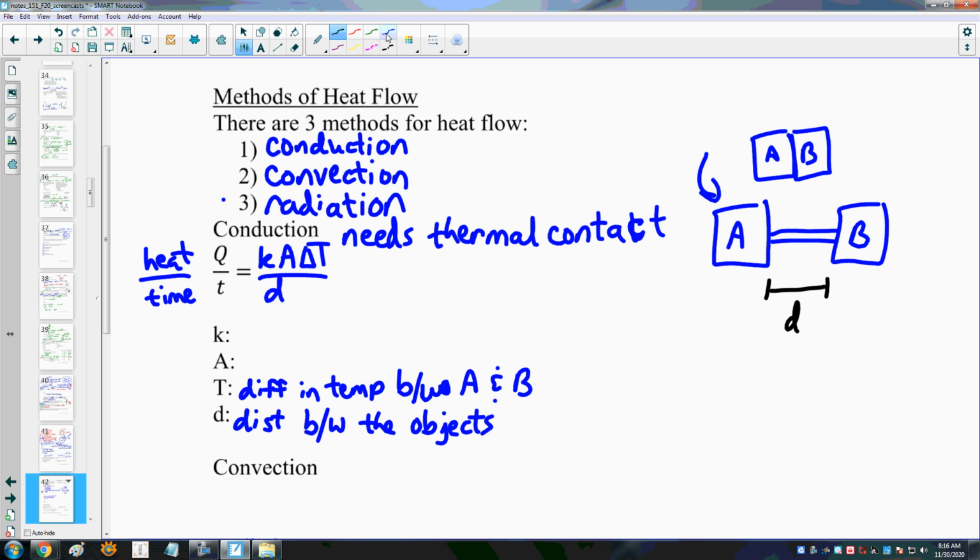A is the area, the cross-sectional area of the object. So the area would be like this area right here, the cross-sectional area of the material that is providing the thermal contact. And then K is the thermal conductivity.